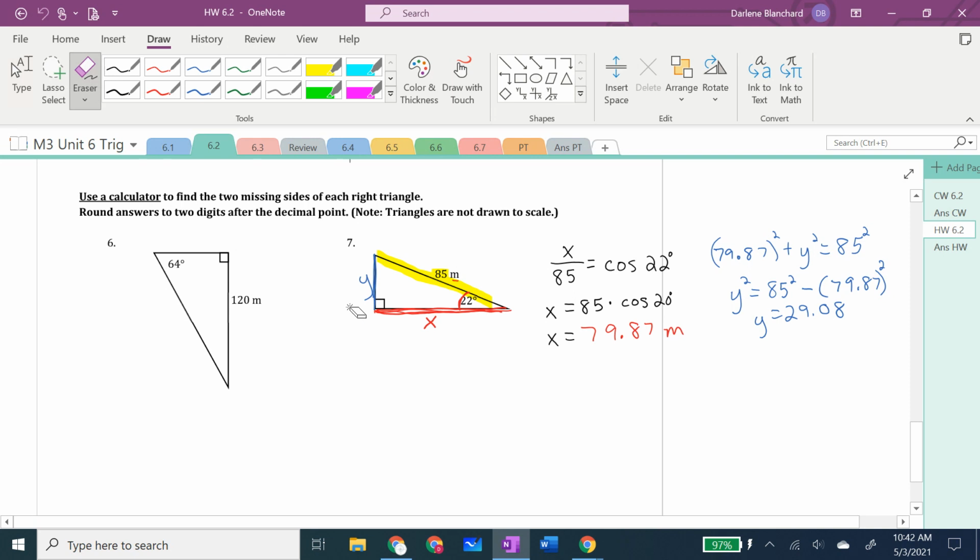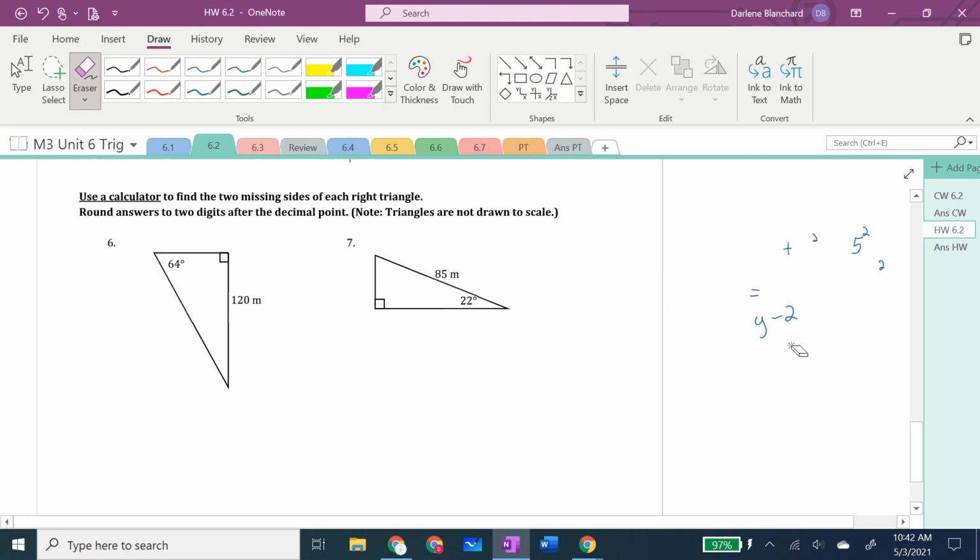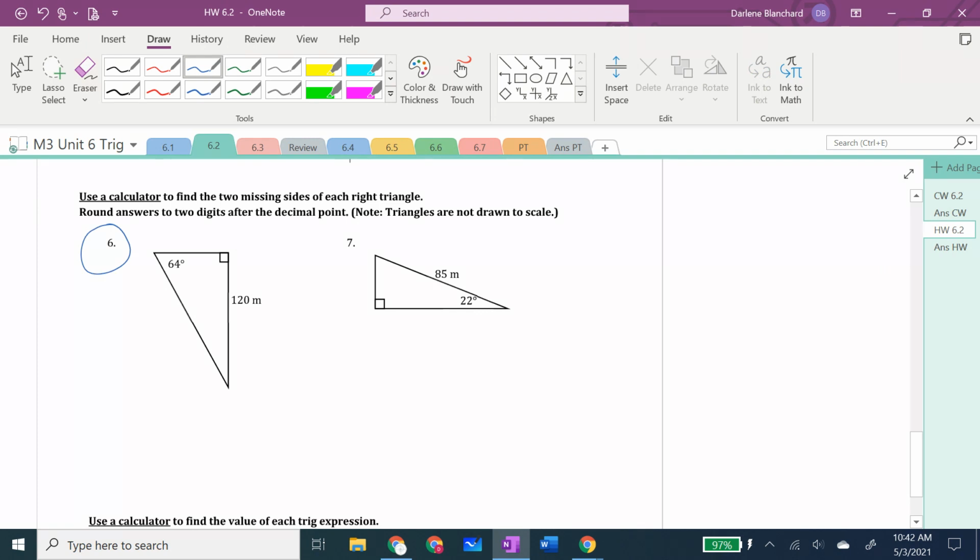With a quiz, though, I'm going to say exactly which side. So you might be given a problem like number 6 here, and maybe I put an x right here on the hypotenuse.